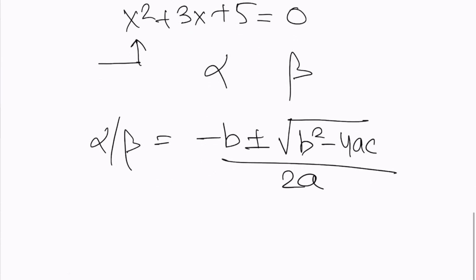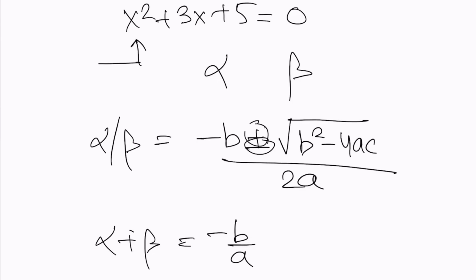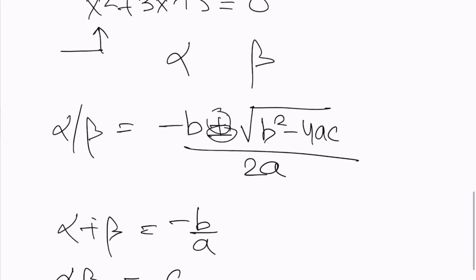So one thing we can learn from this is that if you take the plus part as alpha and the minus part as beta, it doesn't matter which one you take. Alpha plus beta will always be minus b by a, while alpha into beta will be c by a. What are a, b and c?